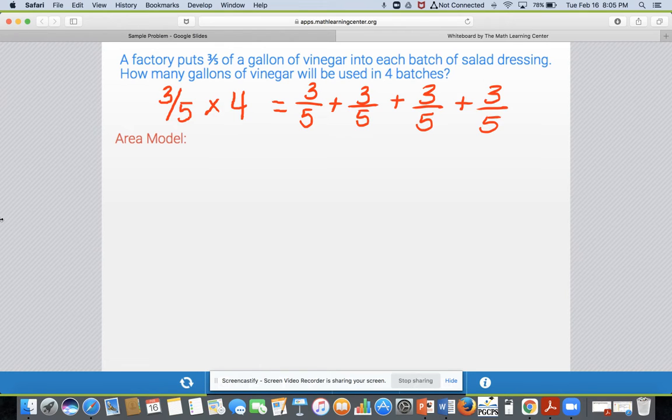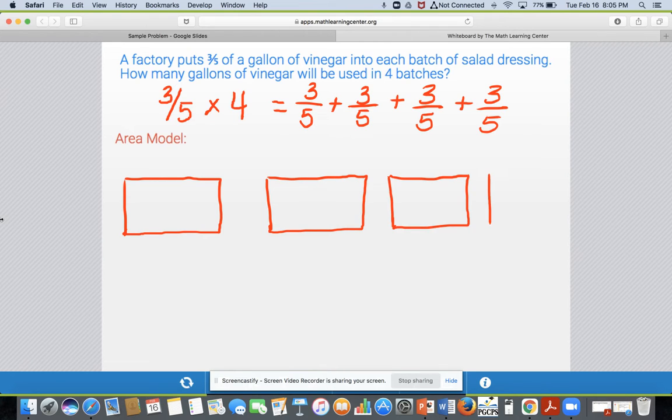So we're going to draw a model that pretty much represents this equation. We're going to draw 4 squares or 4 rectangles. And think about how many pieces are we going to break each rectangle into?